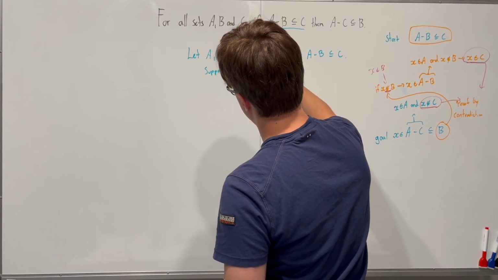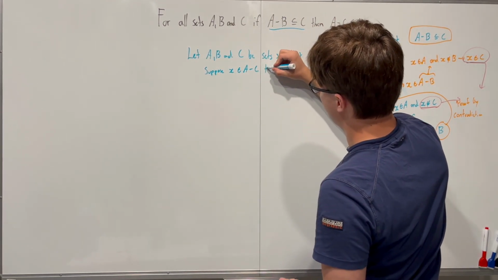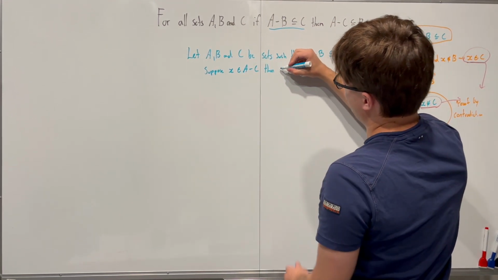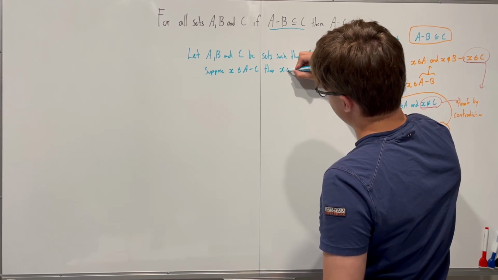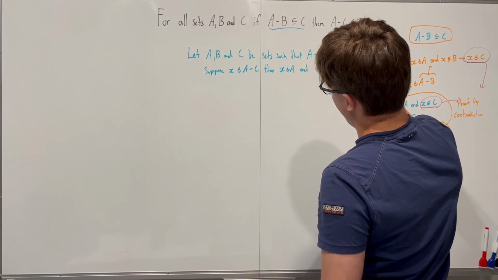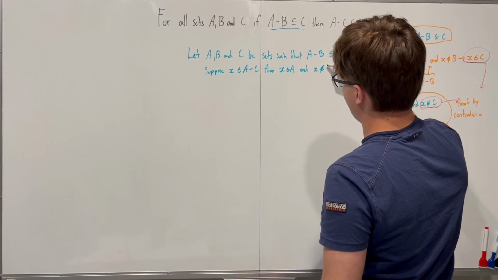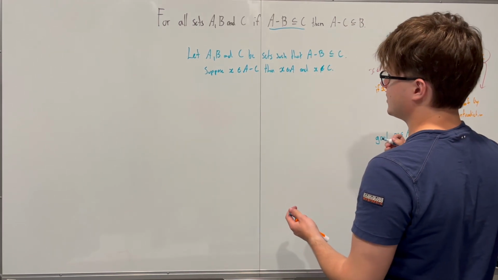x is an element of A minus C. Then we can break down what that means. Then x is an element of A and x is not an element of C. Fantastic.